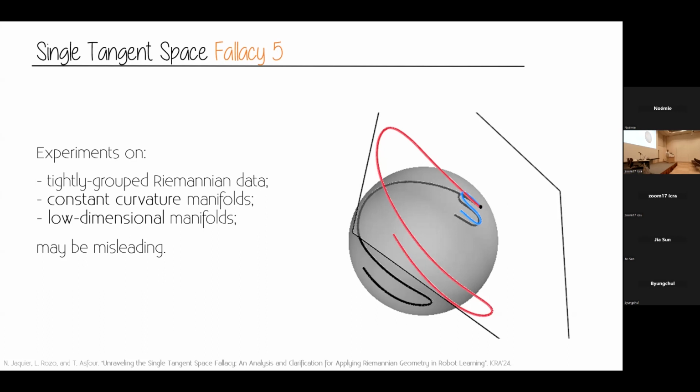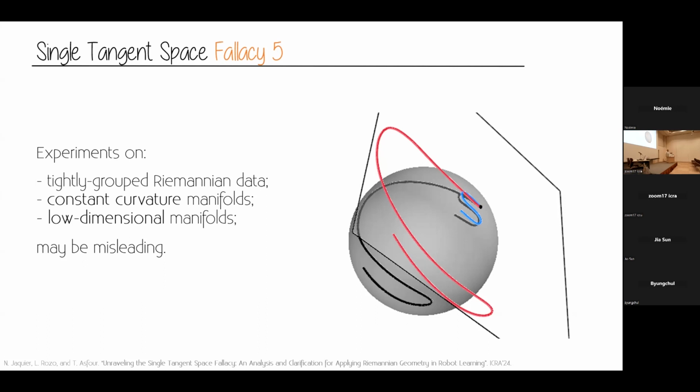However, this is not true, of course, because if our data now spans a big region of the manifold, the projection to the tangent space shows high distortions, and any kind of algorithm that we run on the tangent space won't work anymore.